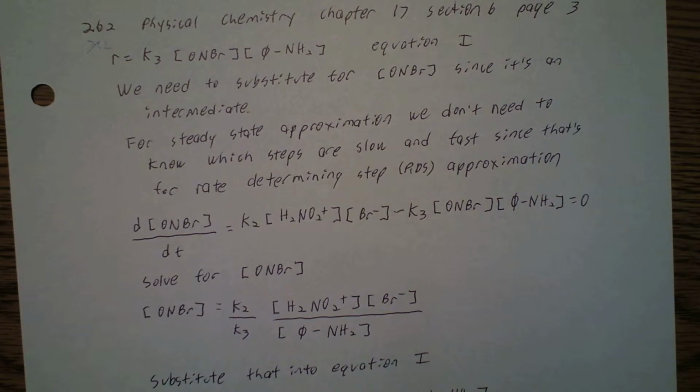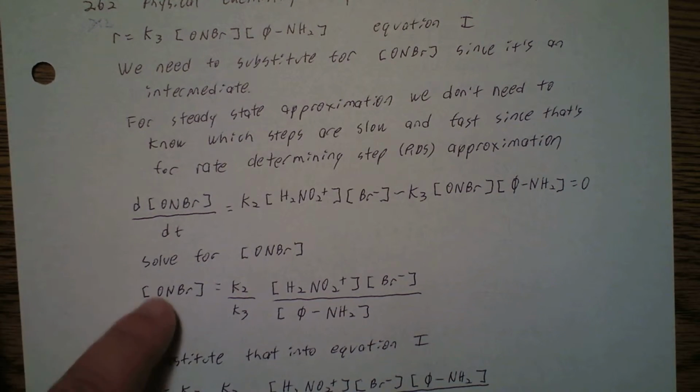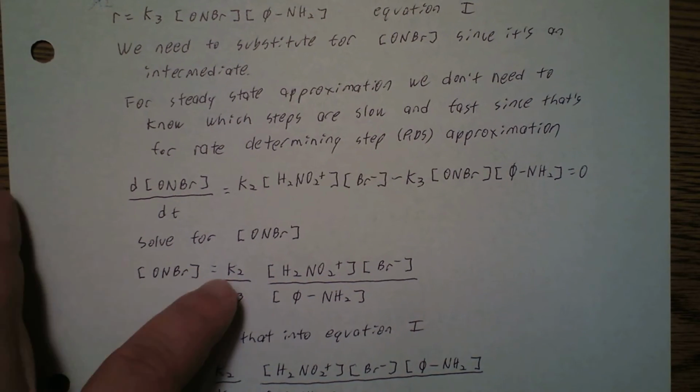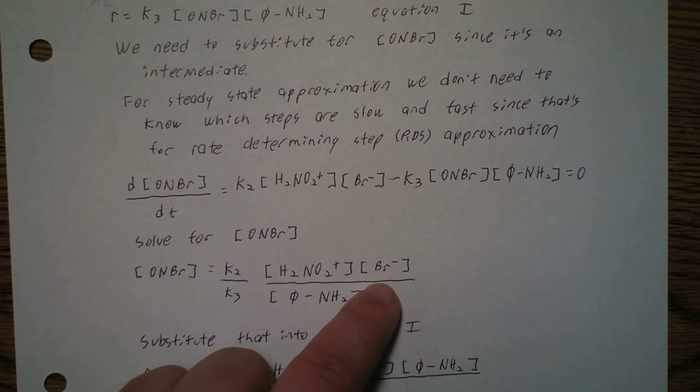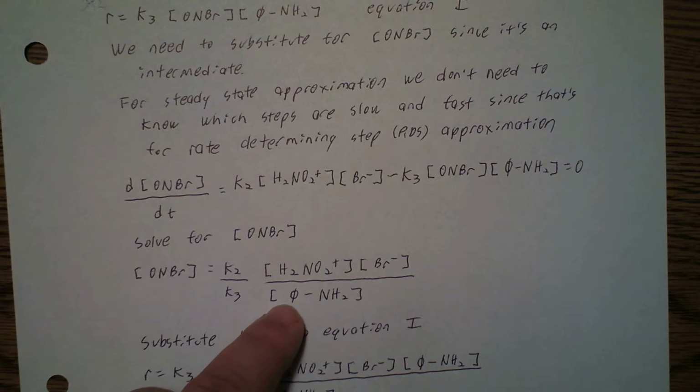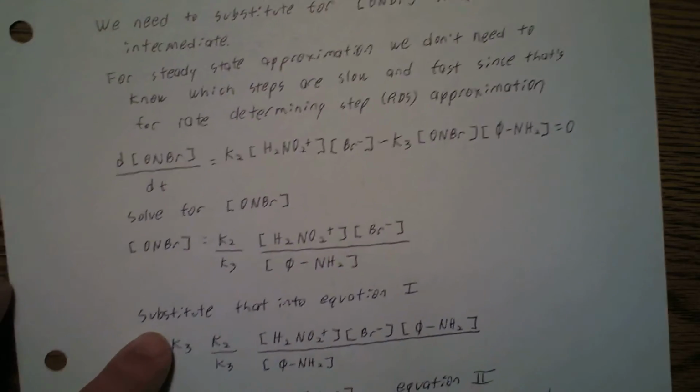That's equal to 0. So now we're going to solve for ONBR. So we get the concentration of the ONBR is equal to K2 over K3 times the concentration of H2NO2 plus times the concentration of the bromide divided by the concentration of this phenyl NH2, whatever you call it.